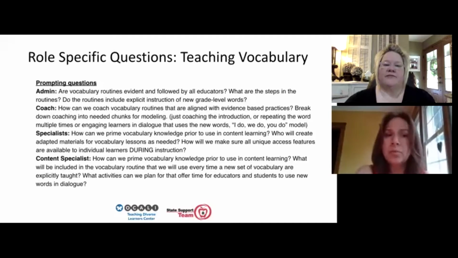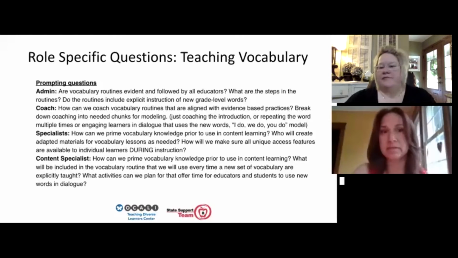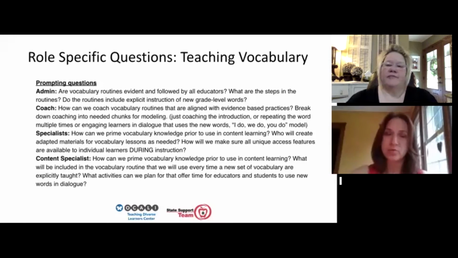And also, what will be included in the vocabulary routine that you use every time a new set of vocabulary are explicitly taught? So it's very important, this whole routine we've been saying throughout today, that it needs to be predictable for students so that they know what you're doing. And explicit instruction really develops that routine for you. It walks you through it.